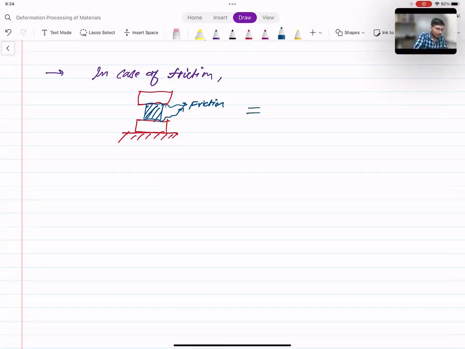So what happens in this case is that the diameter of this material gets increased slightly, but not to the full extent it should have increased. Let me draw it properly.